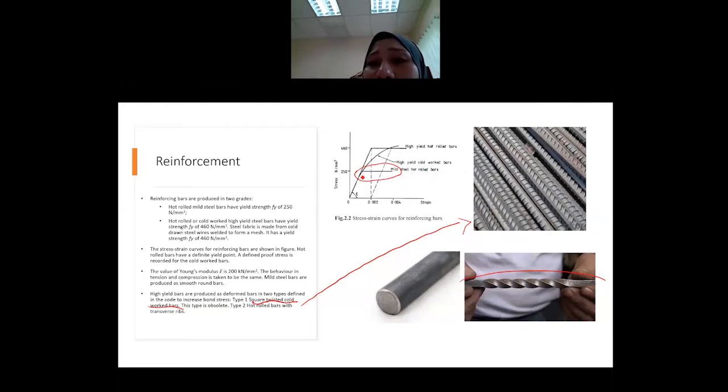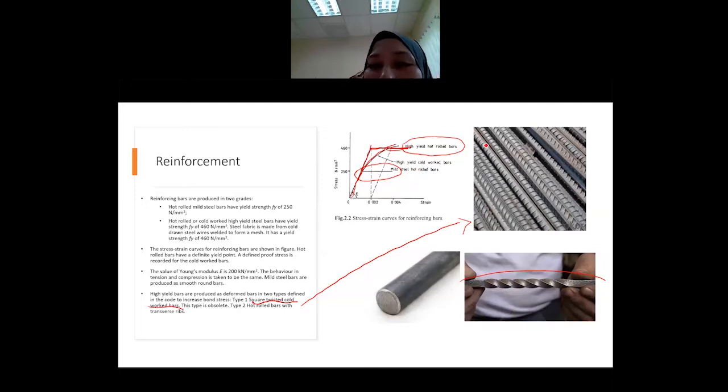And also here you nampak yang panjang ni for high yield cold work bar, and the one yang lebih stable here, we call it high yield hot roll bar. Okay, so ini yang 460. So normally yang kita tengah belajar, kita pakai high yield hot roll bar and also mild steel hot roll bar.